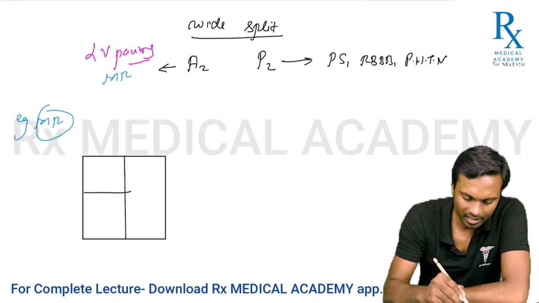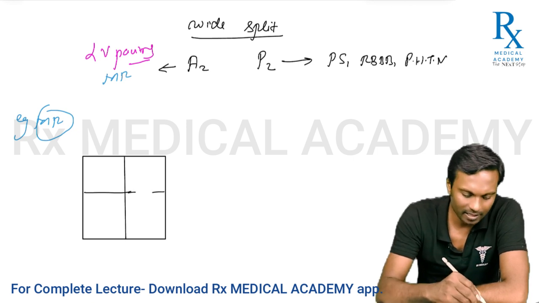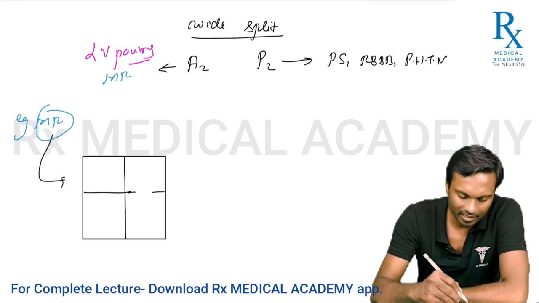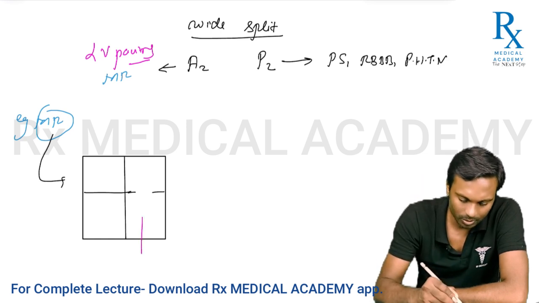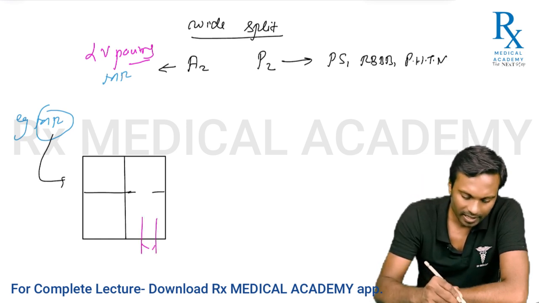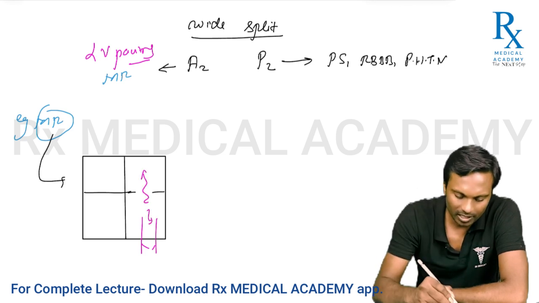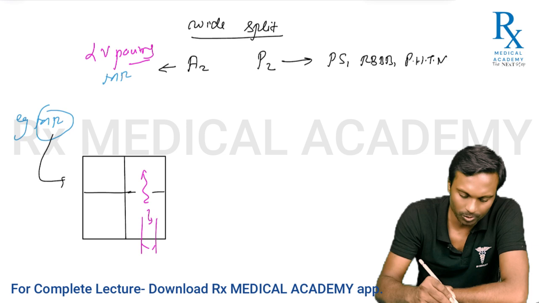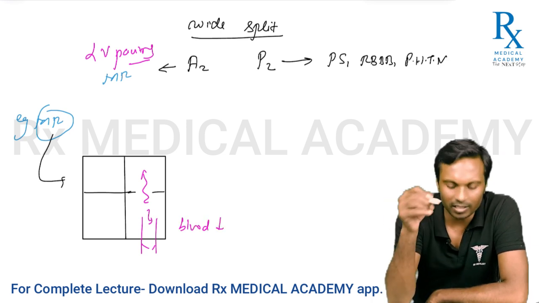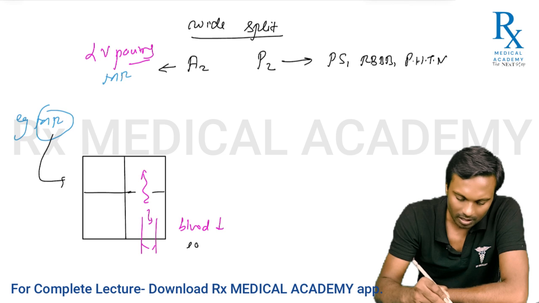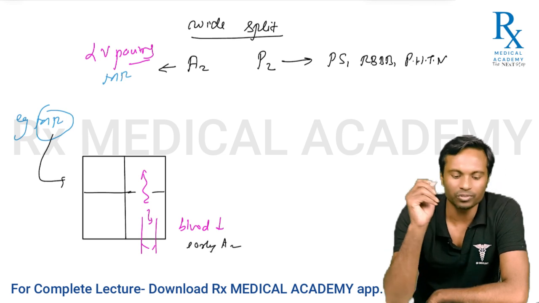Here we are going to discuss mitral regurgitation. In mitral regurgitation, when the left ventricle contracts, some blood will go towards the aorta and some blood will spill into the left atrium. So here you have less blood in the aorta. Less blood in the aorta will result in earlier closure of the aortic valve, early A2.